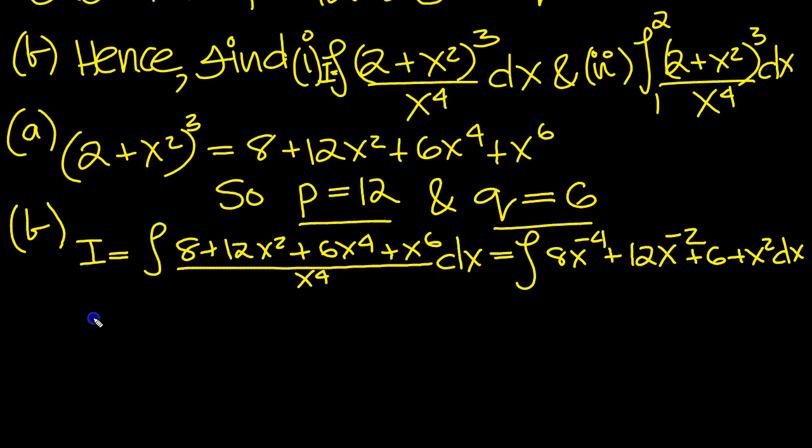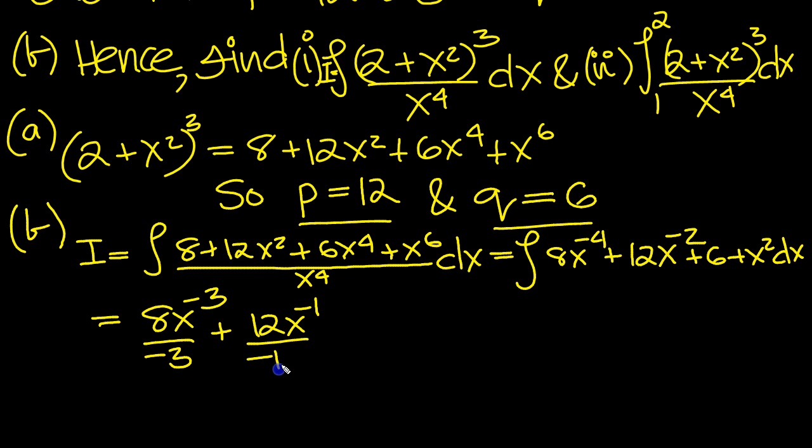So this is equal to 8x, increase the power by 1, divide by that number, plus 12, increase the power by 1, divide by that number, plus 6x, because constants integrate to constant times x, plus increase the power, divide by the number, plus a k.